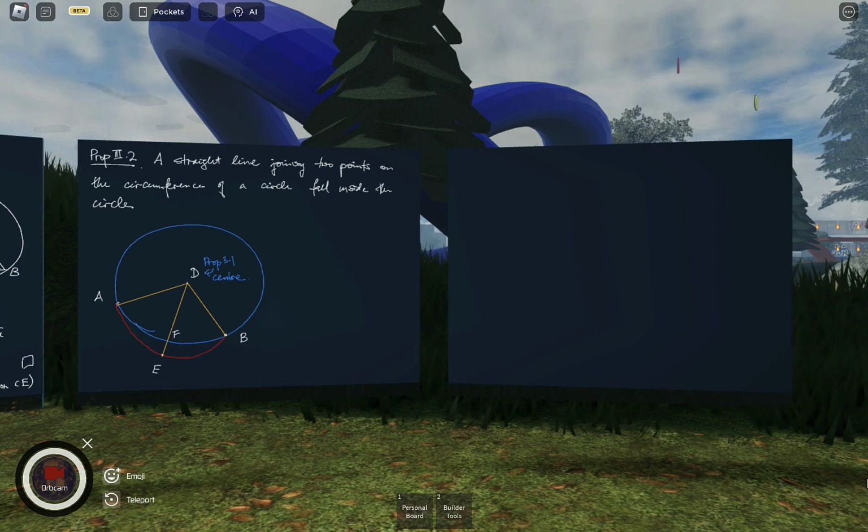Okay, so proof. Won't fit on this page, but we'll go to the next page if we need. So suppose AB does not fall inside the circle.